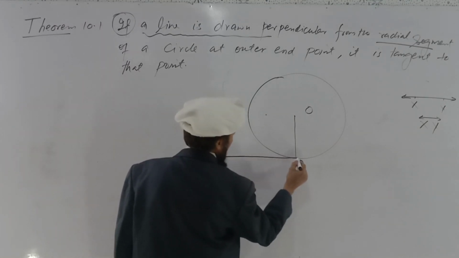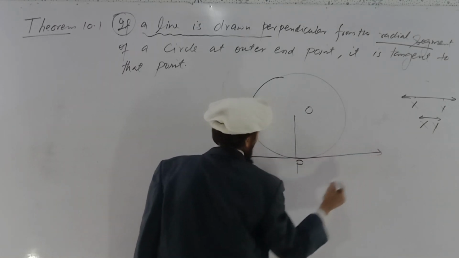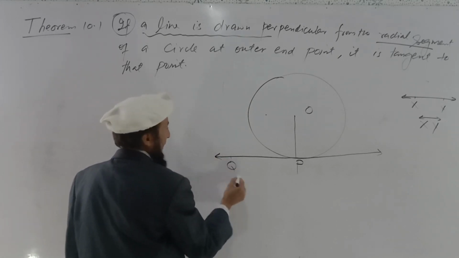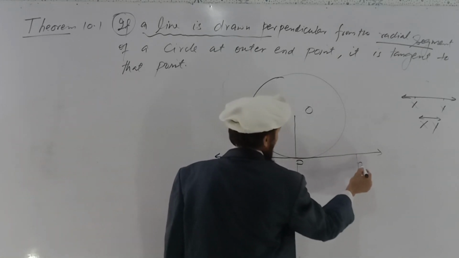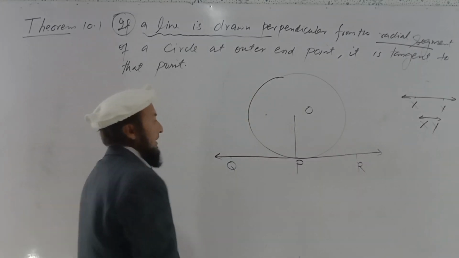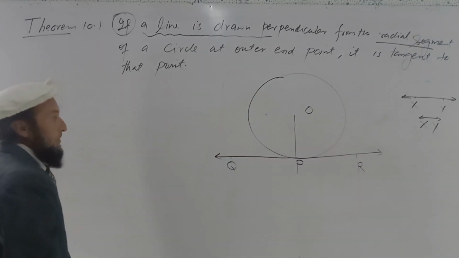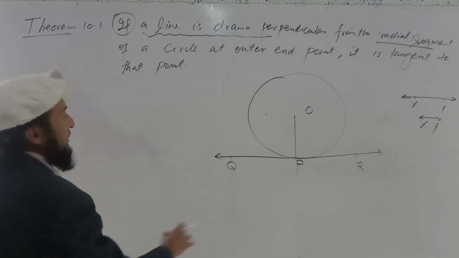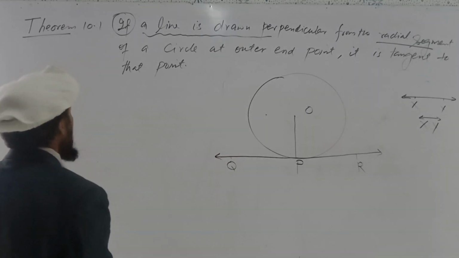So this line is QR. QR is a line which is perpendicular, and it is tangent to the given circle.